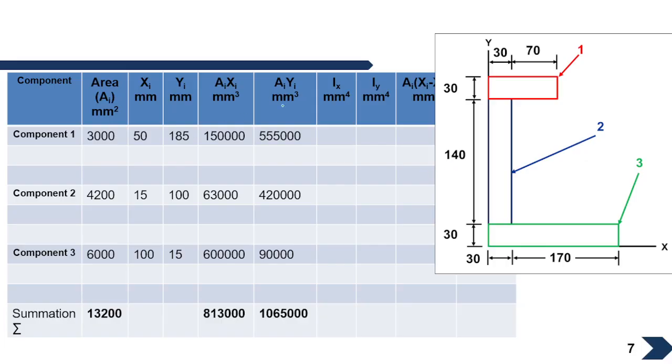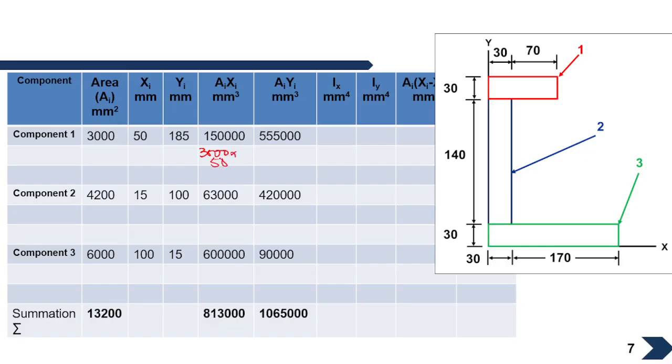Now this part is easy. We just need to multiply the AI for this. We have 3000 AI into 50.